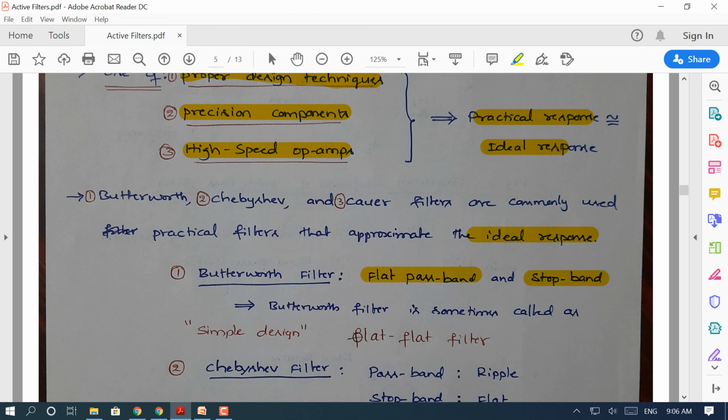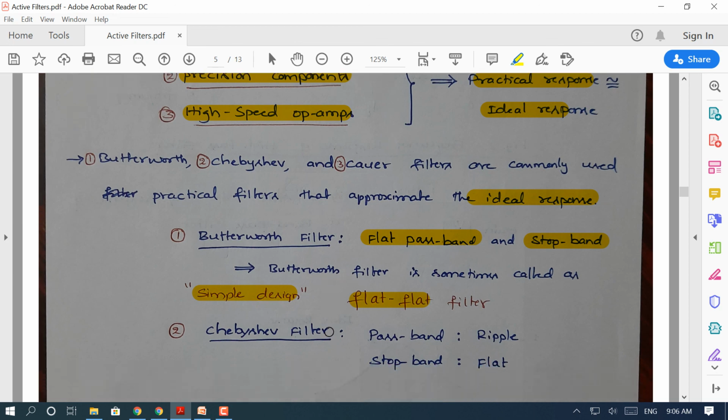Sometimes this Butterworth filter is also called a flat filter, and the design procedure is very simple. Butterworth filter design procedure is very simple, and it offers a lot of other features also. We will study those details in the upcoming classes.